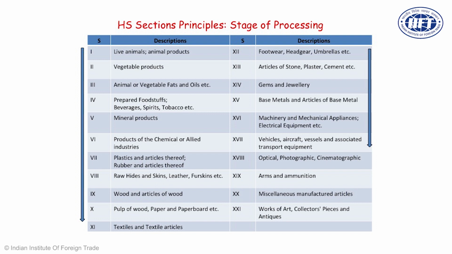The rule of thumb is that the less processed product would appear near 1 and the more processed products would appear near the end of the spectrum. So that's the rule for the HS section, if you are looking at which section your product should be categorized in.